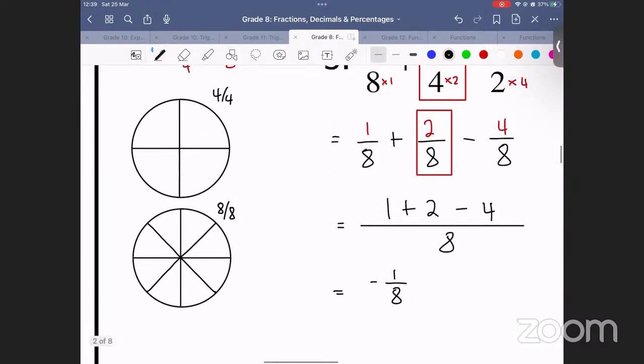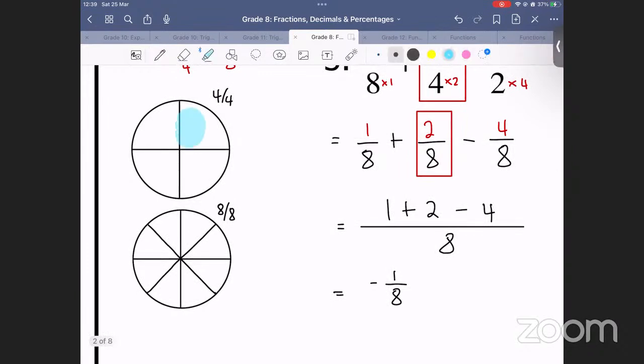So there's 8 slices. If I want to represent this part, that part, this would be 1 out of the 4. Now the equivalent of that is this. They're the same size. This and this, they're the same size. And this is actually 2 out of the 8.